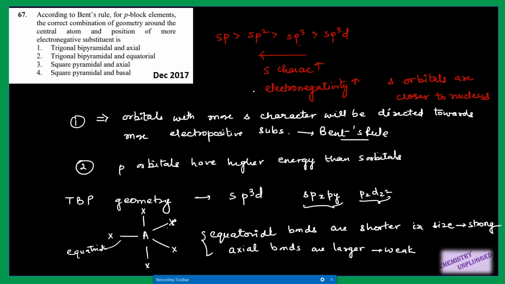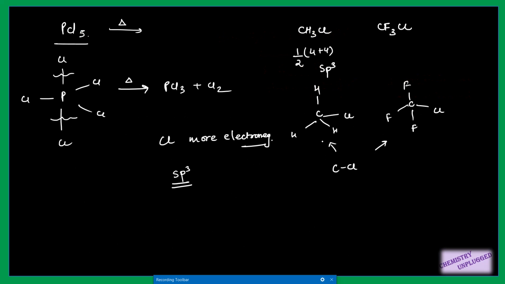More s character will be directed toward the more electropositive substituent, so more s character of these sp3 hybridized orbitals will be directed towards hydrogens, and the Cl will have more p character. More p character means the C-Cl bond length will be higher compared to the C-H bond lengths in this molecule. Then we come to CF3Cl.